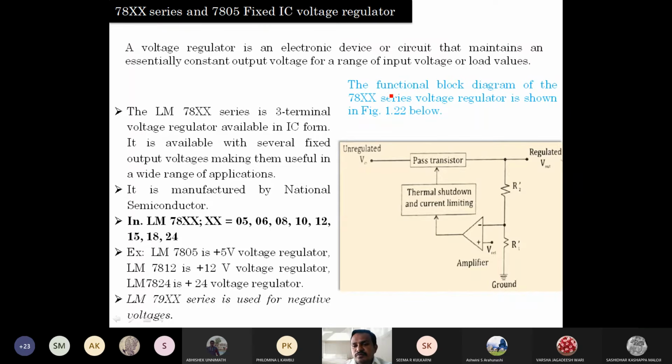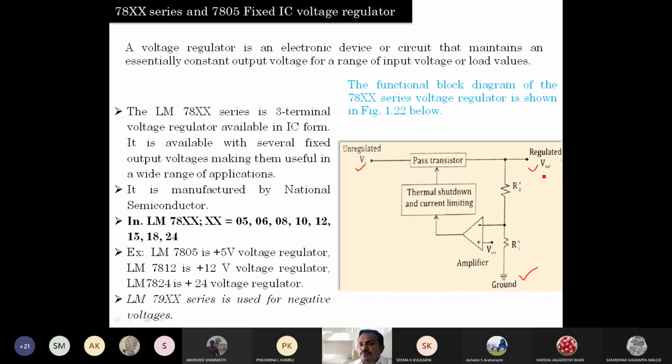Pin 1 is input, pin 2 is output, and pin 3 is common, which we sometimes consider as ground. This is the functional block diagram of the 78XX series. It involves 3 terminals: one is the input, Vin, another is the output, Vout, and the other is the common terminal, that is ground.